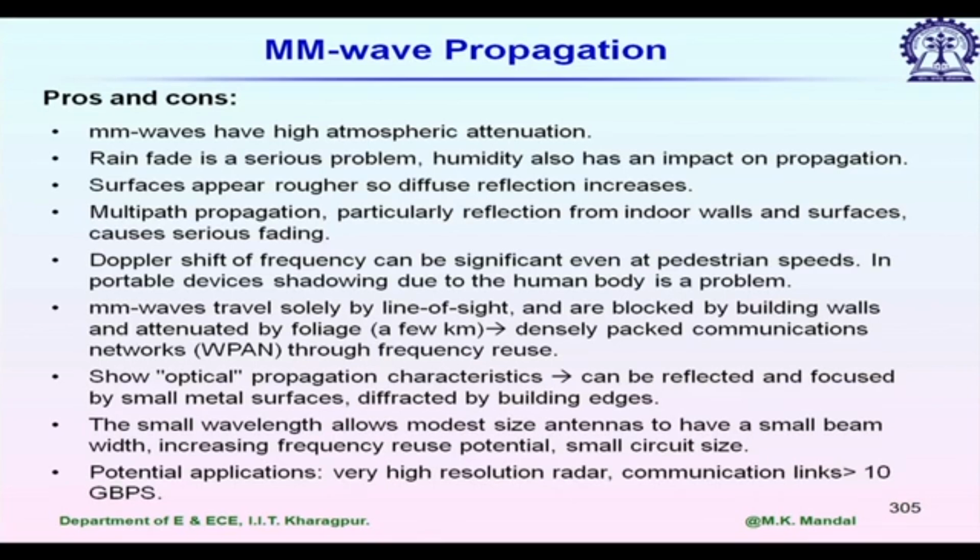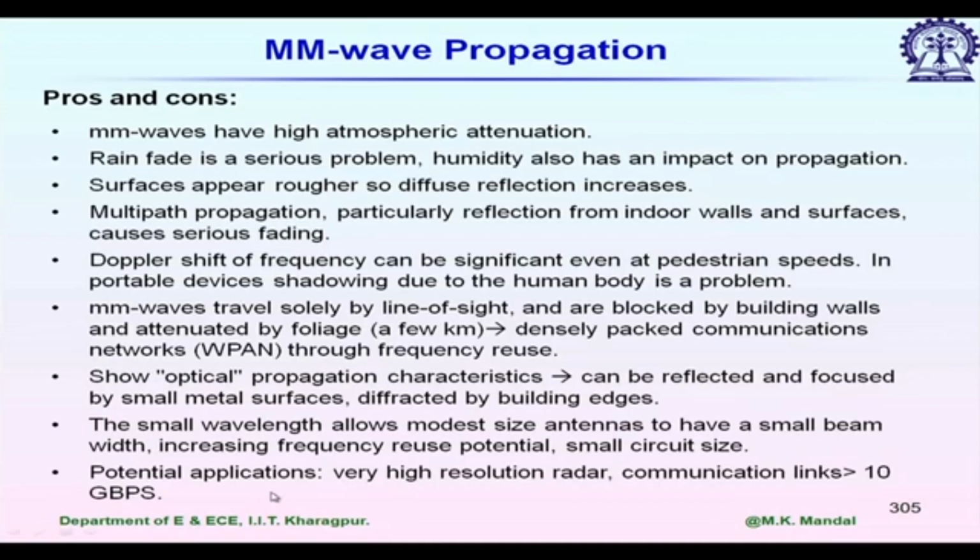Not only that, we already learned some circuit components like filters and couplers, where we use properties of transmission lines. Typically the length is given in terms of lambda g. So, for these components the size at millimeter wave frequencies becomes very small. So, very compact components can be developed, and as a whole the millimeter wave system will occupy a small volume.